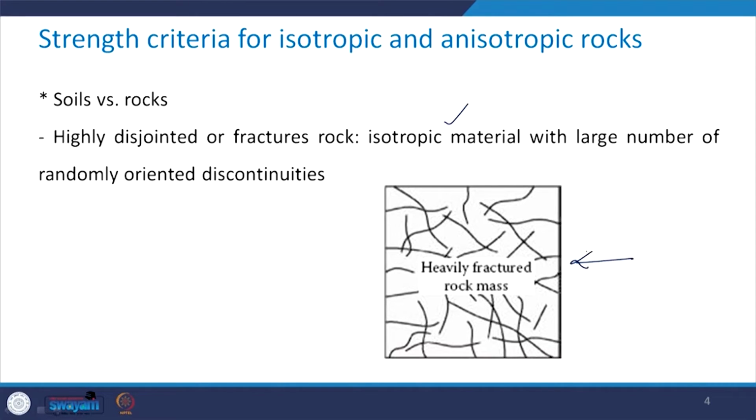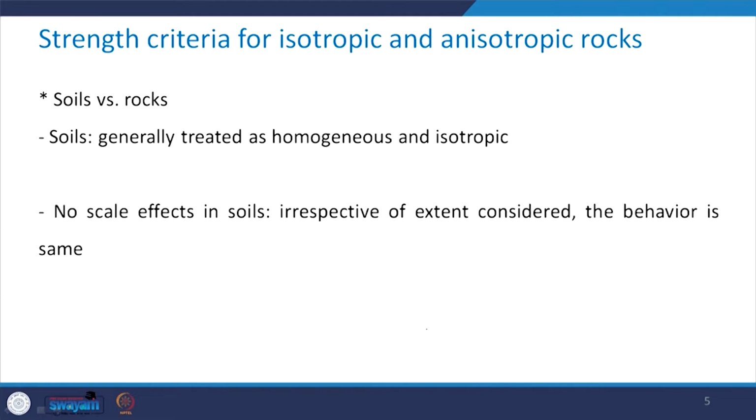You can see in this figure that the discontinuities are oriented in such a random manner. There is no pattern, that means I cannot say that it has 2 joint sets or 3 joint sets or 10 joint sets. So, we are calling this a heavily fractured rock mass.